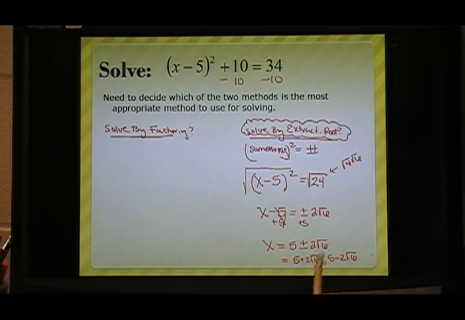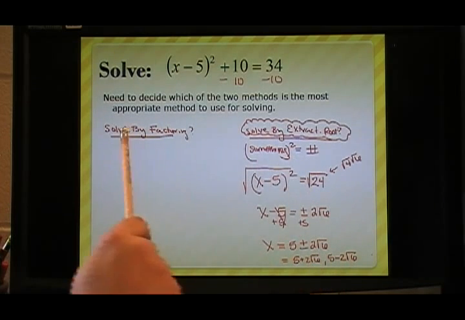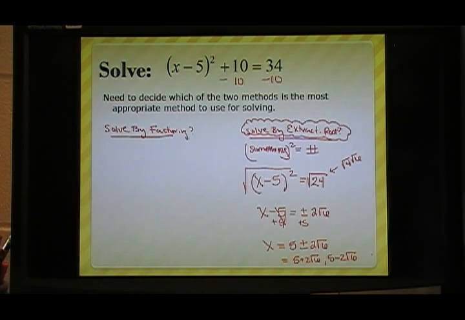Based on the fact that I have irrational solutions, that tells me that this is not something that would have been factorable. So if I had gone through this whole process, I still would have gotten to an expression that would not be factorable. So in this case, factoring actually would not have been an option.